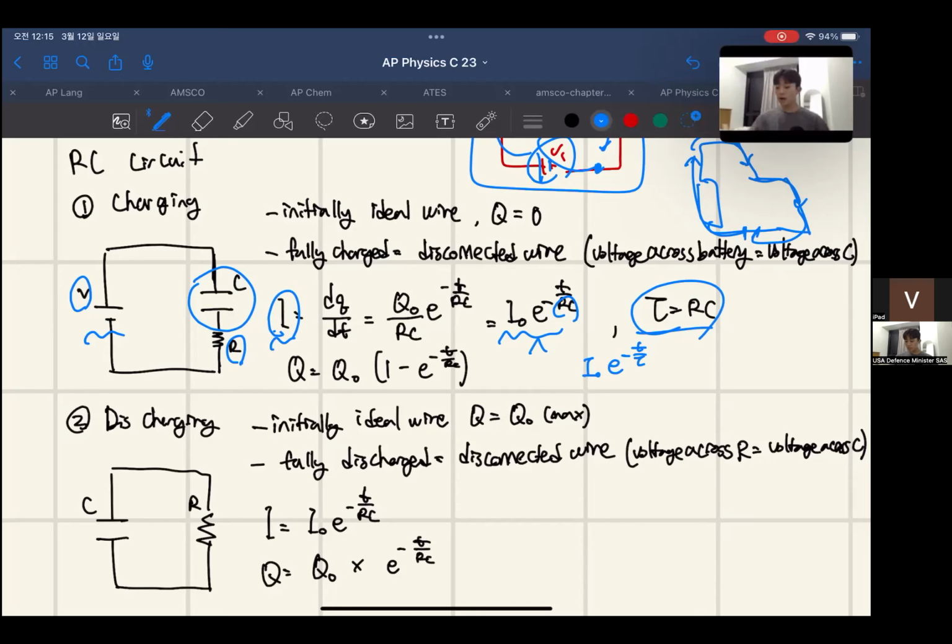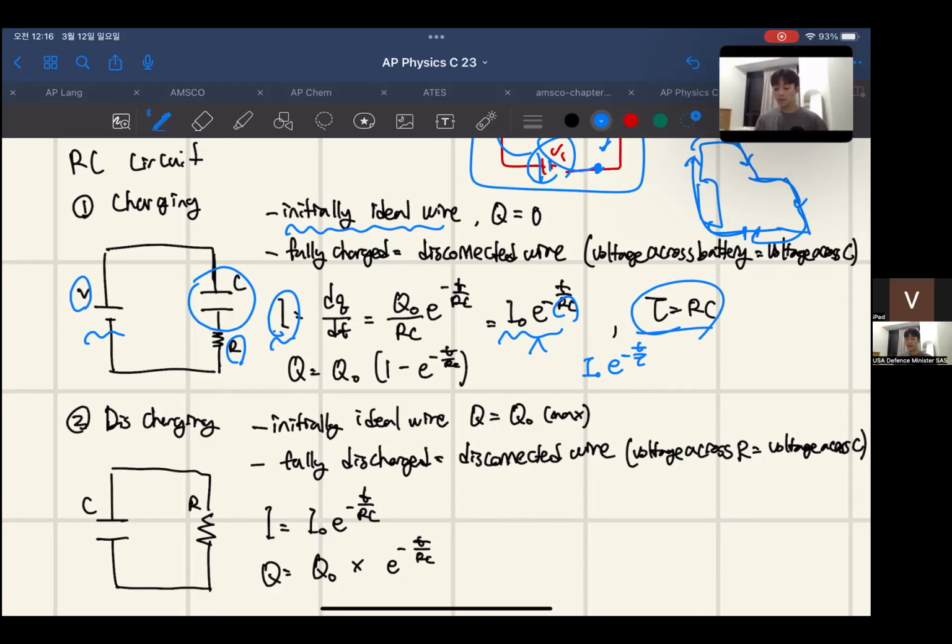Now, I wrote something here that I didn't mention: the capacitor would initially work as an ideal wire, which is literally another way to explain the things that I was explaining. Basically, if you plug in a portable charger initially at 0%, then the current is going to flow so well, your battery is going to try to charge your portable charger so well, that the portable charger will work as an ideal wire, like a connected wire without any elements stuck onto it.